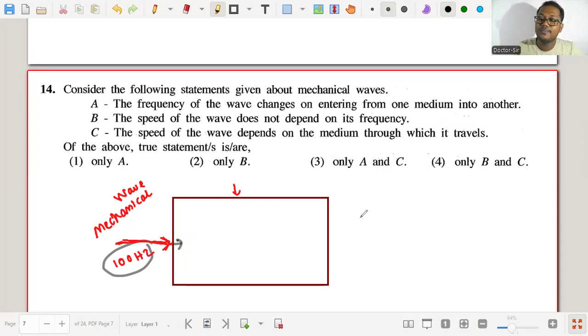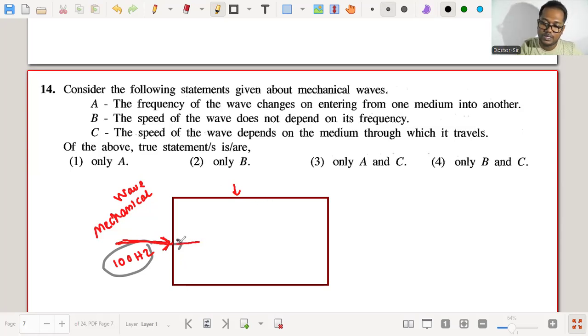Sometimes the outer area has low density, and the inner area or other medium has high density. So due to these changes of density, they have to change their speed, or their velocities. But they don't have to change their frequency. They never change the frequency.